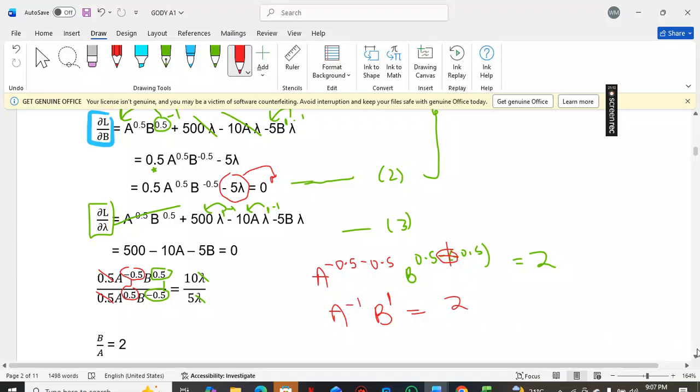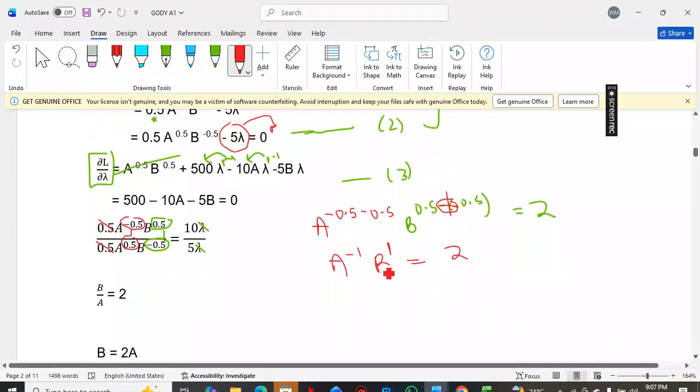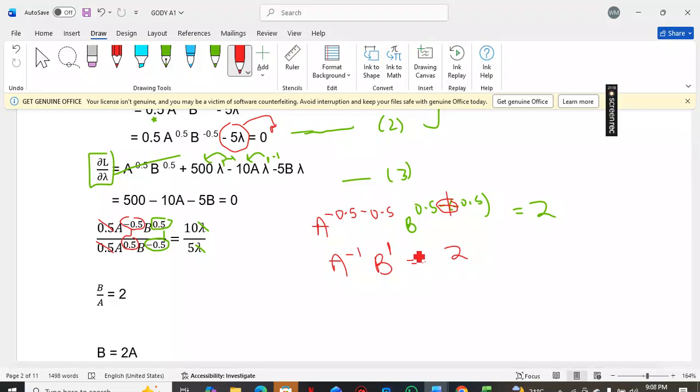Then again, laws of indices: when you have a negative index, a negative power, it goes at the bottom. A to the power negative 1 is the same as 1 over a. So it's 1 over a multiplied by b equals 2. And that's how we get this expression, b over a equals 2.